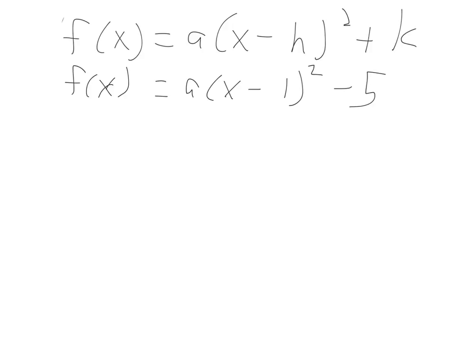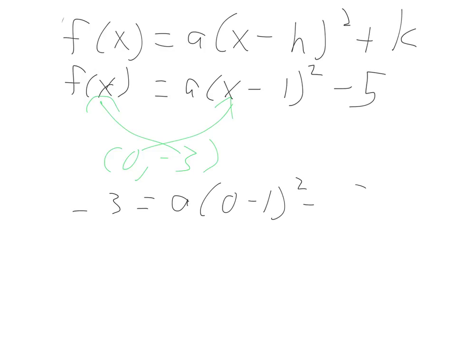Now we need to figure out this a. We know, if you look at the graph, that it contains the point 0, negative 3. So you can plug the 0 in for x and the negative 3 in for f of x. So it would be negative 3 is equal to a times 0 minus 1 squared minus 5. And that would give us negative 3 is equal to a times negative 1 squared minus 5.